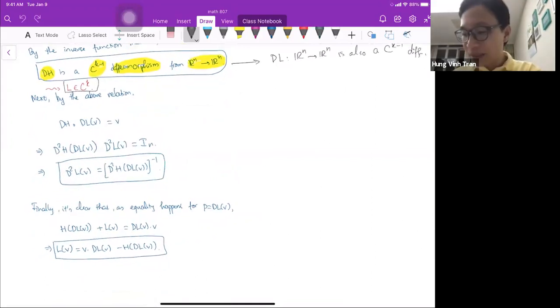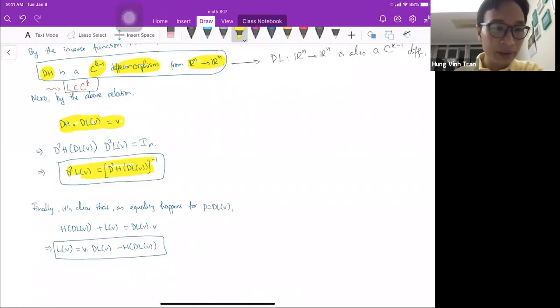And to prove the fact about the Hessian, you just take the fact that dH composed with dL is the identity map, and use the chain rule. You differentiate once more, and you have that the Hessian of L is the inverse of the Hessian of H.